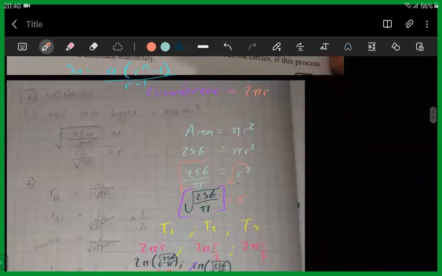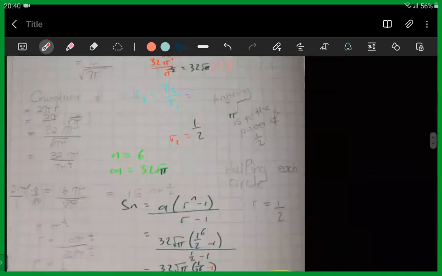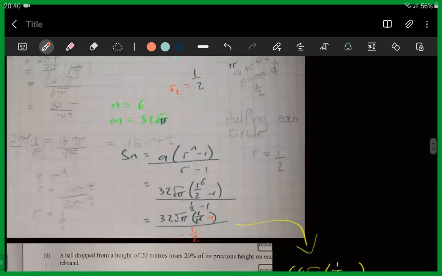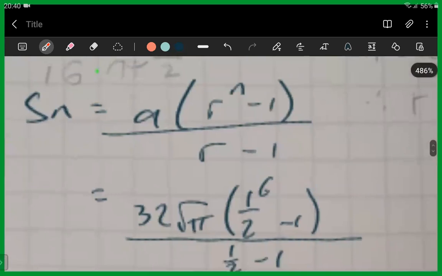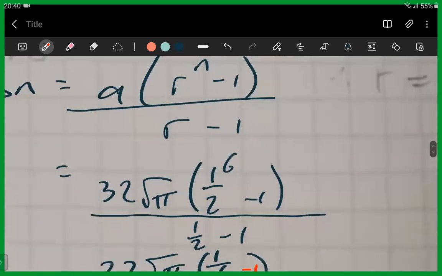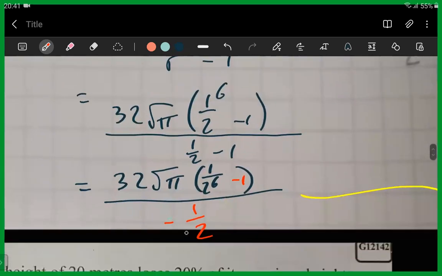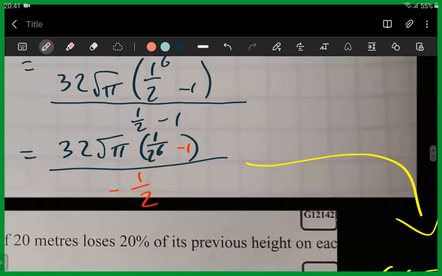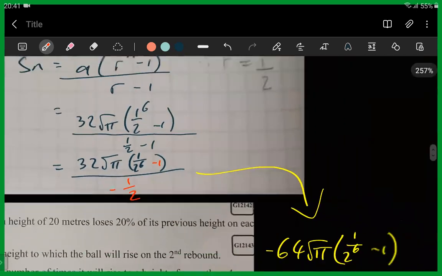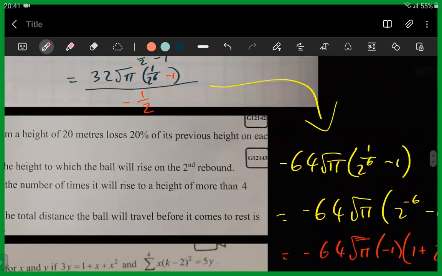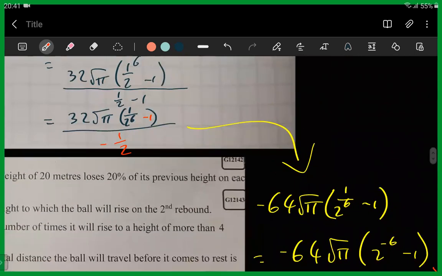From the top, the 32 is fine, the 32 pi is fine. A half to the power 6 minus 1 is fine. And then a half minus 1 is negative a half. 32 divided by negative a half gives you negative 64. Yes. And then this.